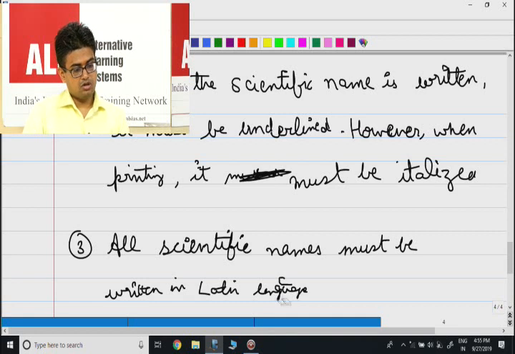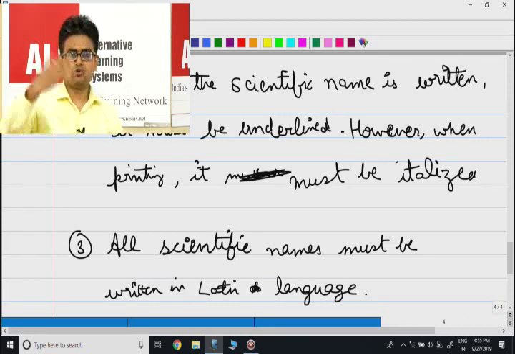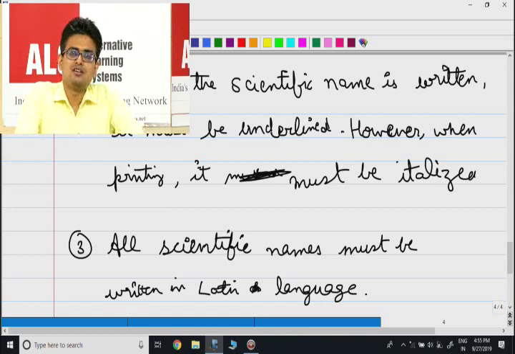Can you give me a reason why Latin language was chosen? Anyone? Just try to make a guess if you can't. If you are wrong, I'll correct you, right? So no need to worry about that. So what is the reason?